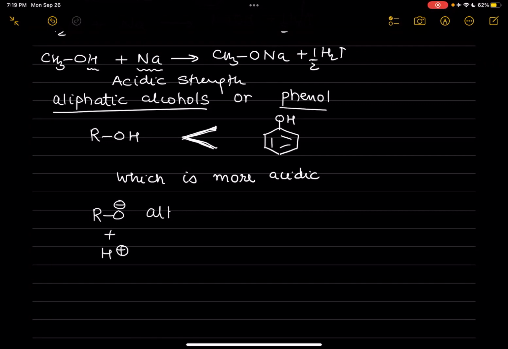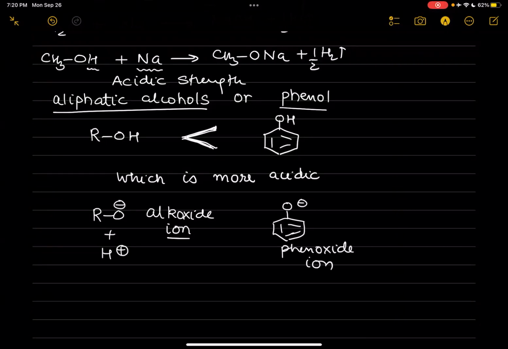The specific name is methoxide, ethoxide, propoxide, depending upon the nature of the alkyl group. And the phenol, if it loses its H plus, forms a phenoxide ion, right?